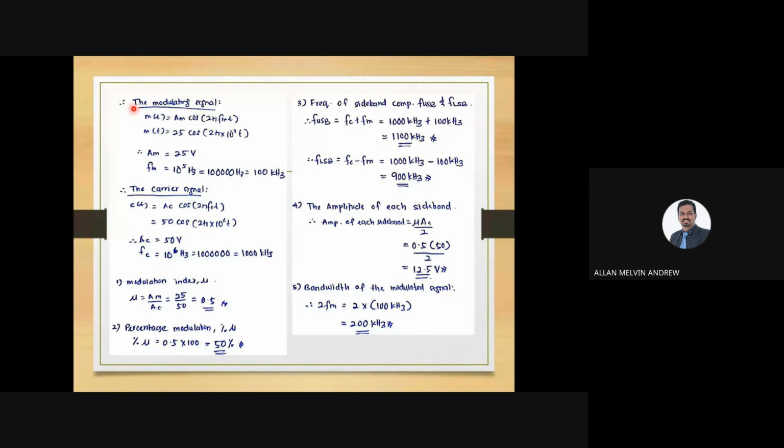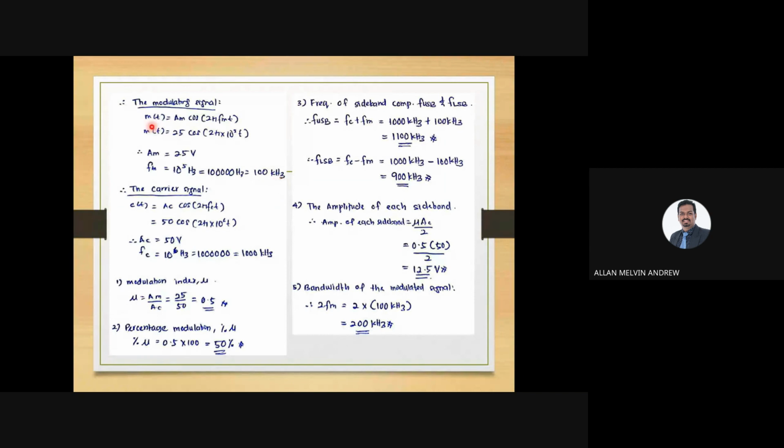For the modulating signal, MT equals AM cos 2 pi FM t. From the comparison we know AM is 25 volt and FM is 10 to power of 5 hertz, which equals 100,000 hertz or 100 kilohertz.